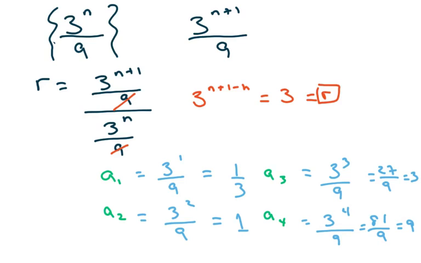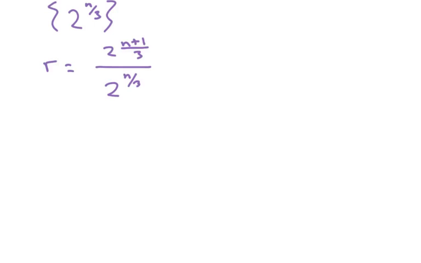And the next one I have is 2 to the n over 3. So the next term's going to be, so you do your common ratio, it's going to be 2 to the n plus 1 over 3, divided by 2 to the n over 3.